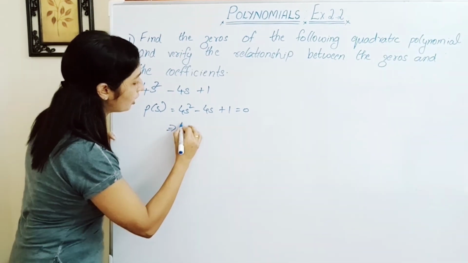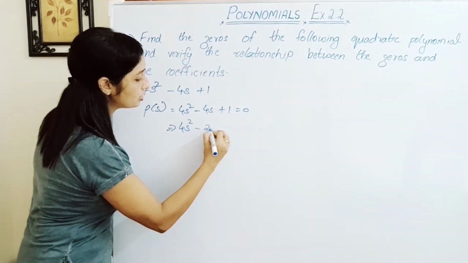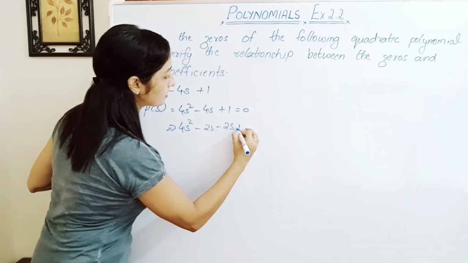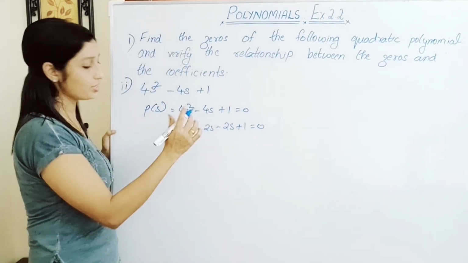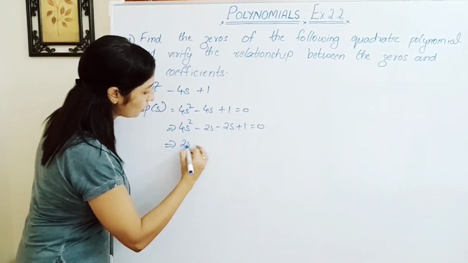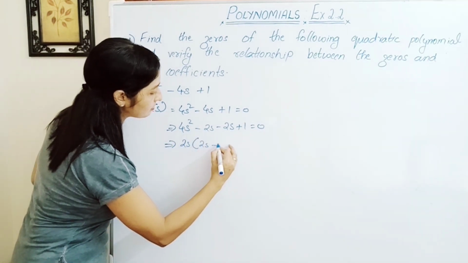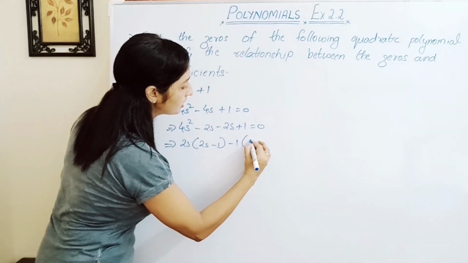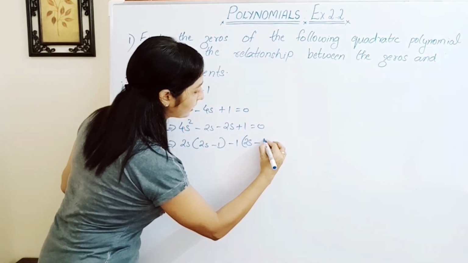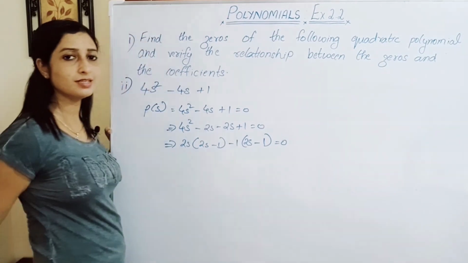So you get 4s square minus 2s minus 2s plus 1 equals 0. Now from the first two you take 2s common. So you get 2s into 2s minus 1. From here you take minus 1 common. So you get 2s minus 1 equals 0.